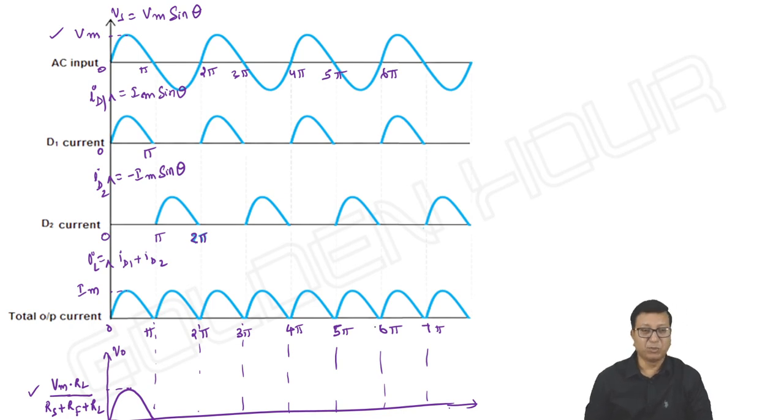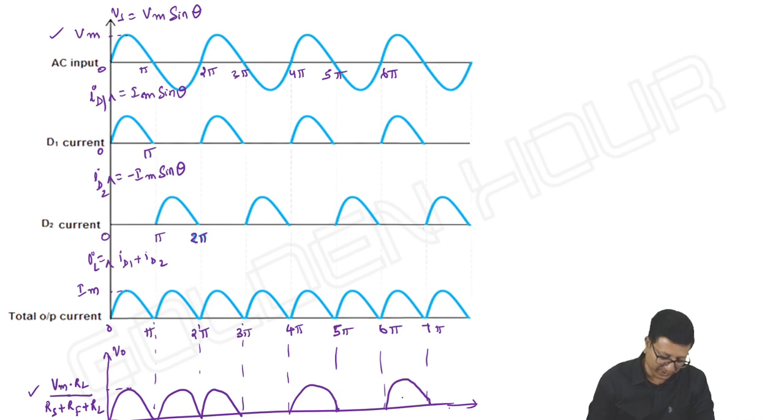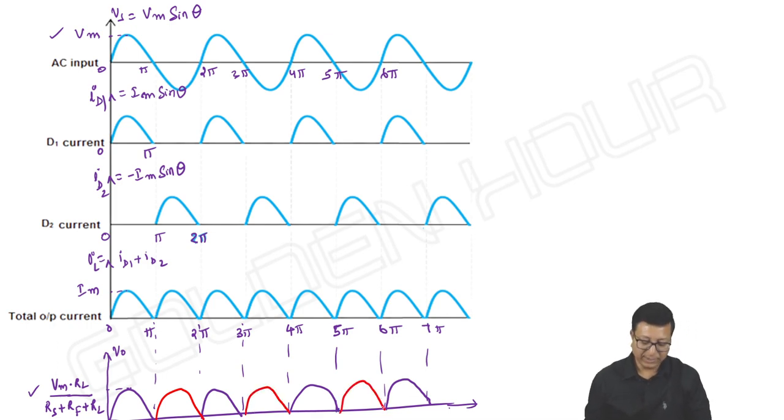And what about V output? It is simply IL into RL, so it appears in a similar fashion. Just for our understanding, I am making a slight modification. Like this we can write.